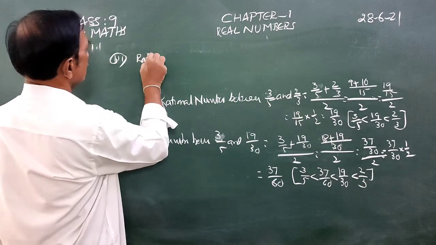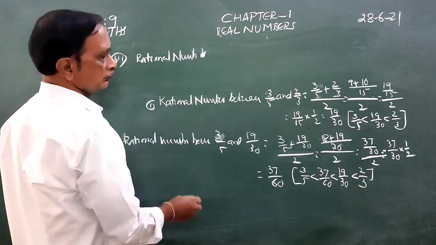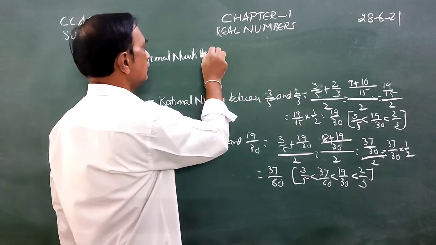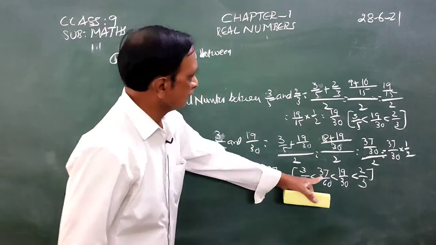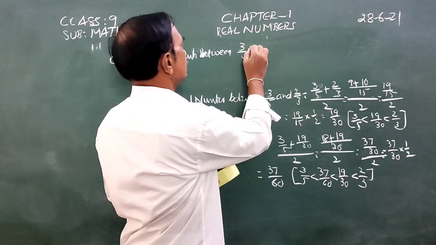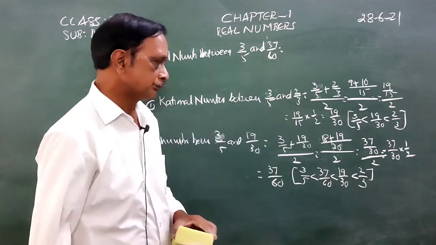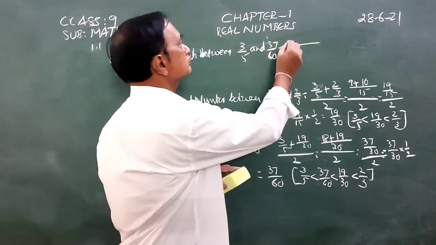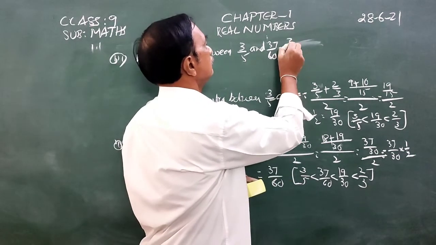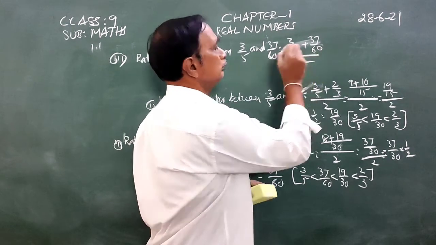Rational number between 3 by 5 and 37 by 60. How do you get it? 3 by 5 plus 37 by 60 divided by 2.